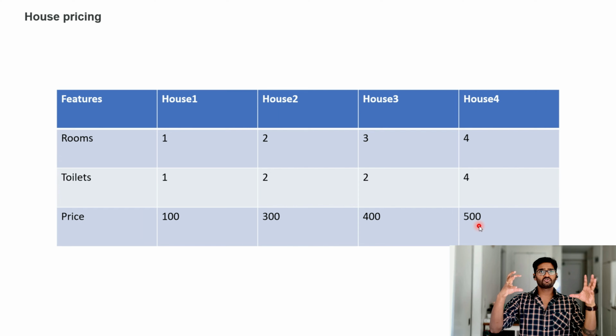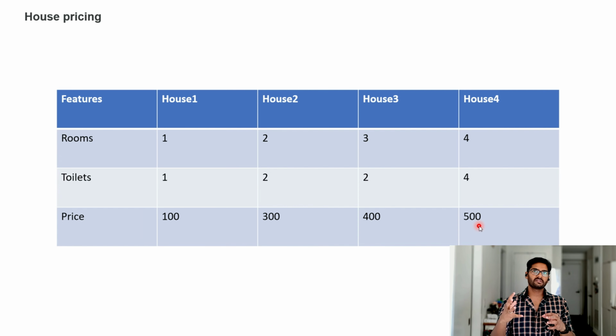Now let's take all of this together and see one specific example of how an artificial neural network will work. So here's the data set. House 1 has a price of 100 because it has only one room and one toilet. House number 2 has 2 rooms, 2 toilets, and the price is 300.